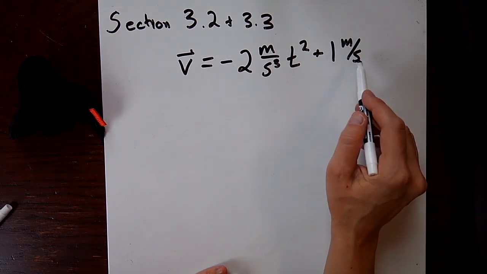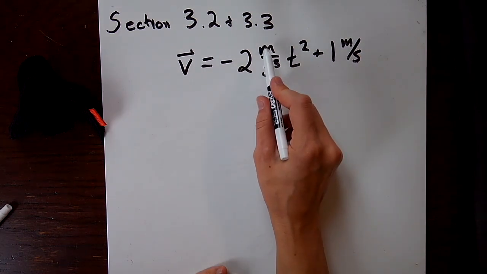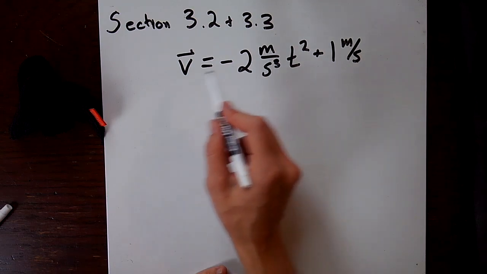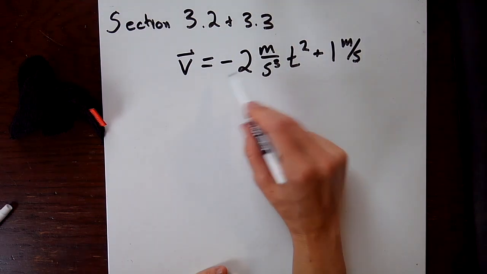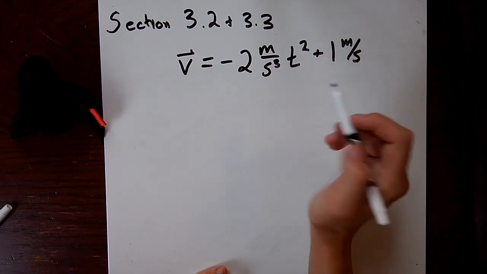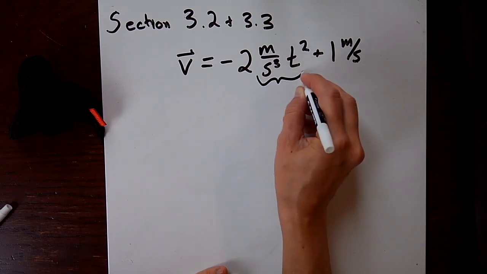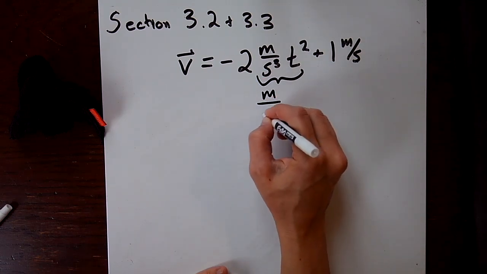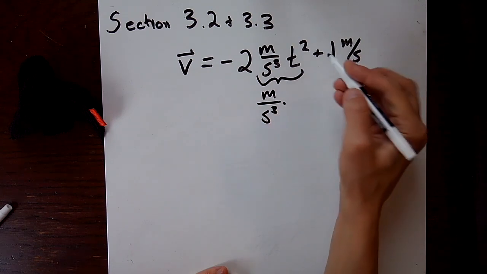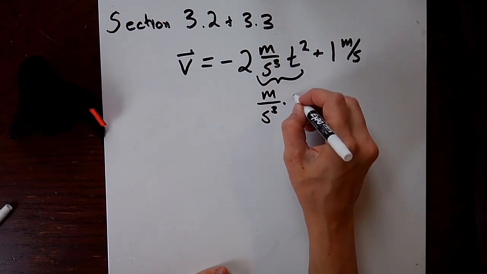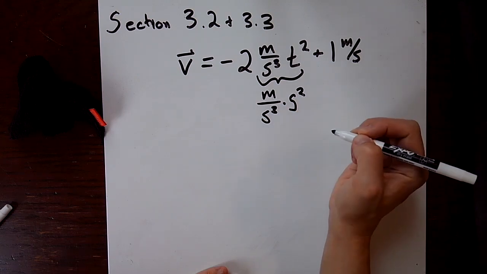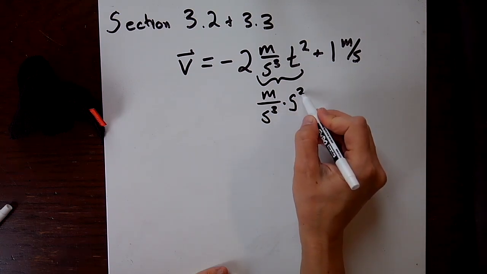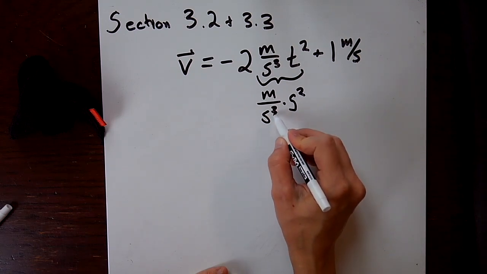It's meters per second. All right, here we've got meters over seconds cubed. That doesn't sound like velocity, but we also have time squared. So this is meters per second cubed, and the units of time squared is going to be seconds squared. And so we have seconds to the second power, and we're dividing it by seconds to the third power.